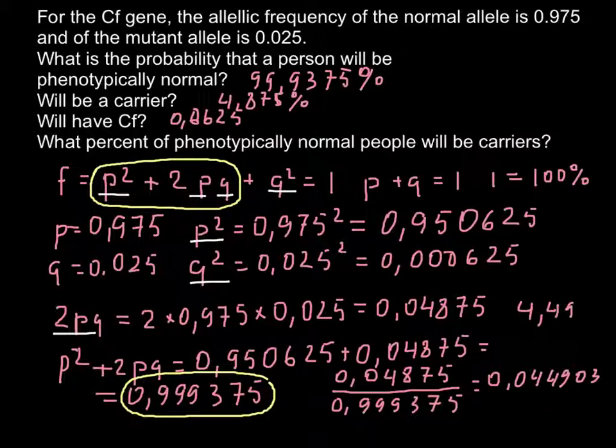This is going to be the percentage of the people who are heterozygous out of those people who look phenotypically normal. So we answered all the questions. I don't have much space here, so I put 4.49% here as the answer.